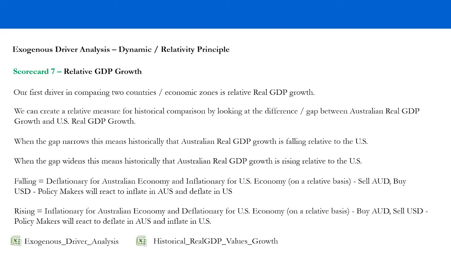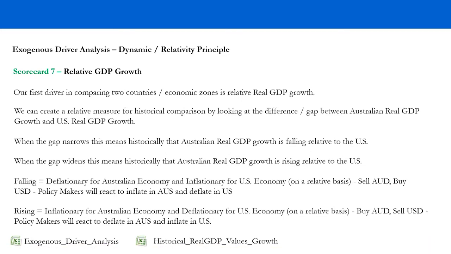And when the gap narrows, this means historically that Australian real GDP growth is falling relative to the US. When the gap widens, this means historically that Australian real GDP growth is rising relative to the United States. So if it's falling, then this is relatively deflationary for the Australian economy and relatively inflationary for the US economy.